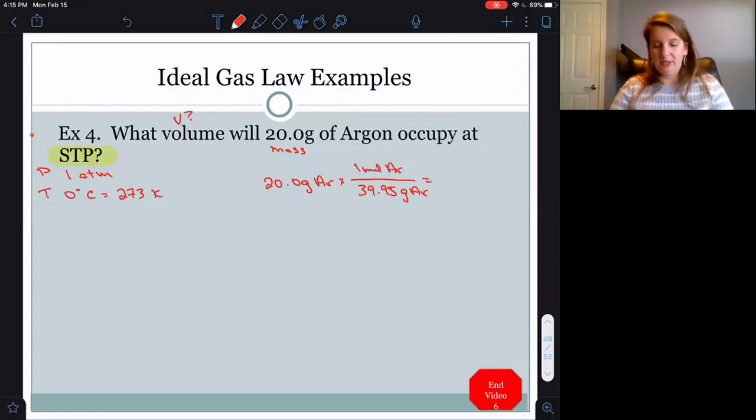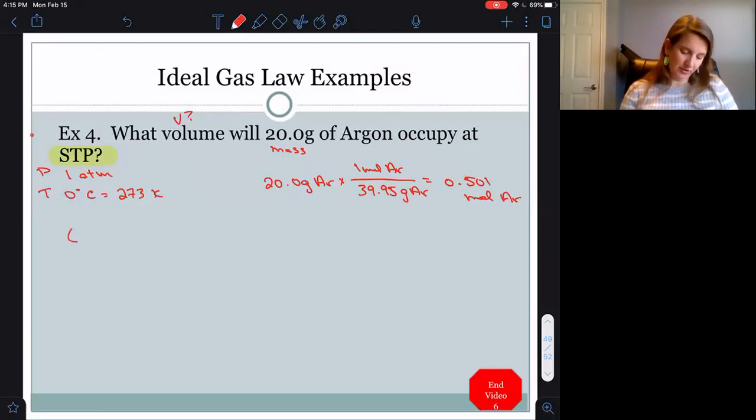So I've got 20 divided by 39.95, and that is 0.5. So then I've got my pressure already, which is 1 atmosphere. I'm doing my PV equals nRT. So I've got 1 of everything. I'm looking for my volume. I have my moles that I just calculated.